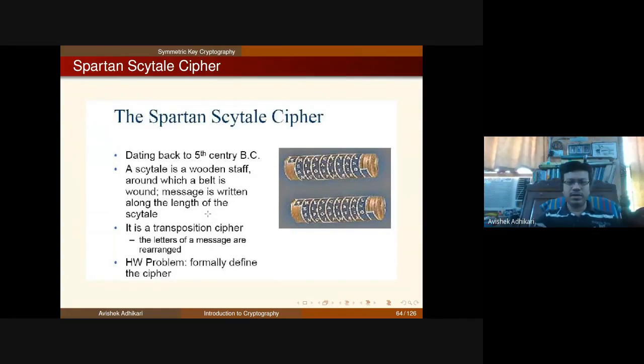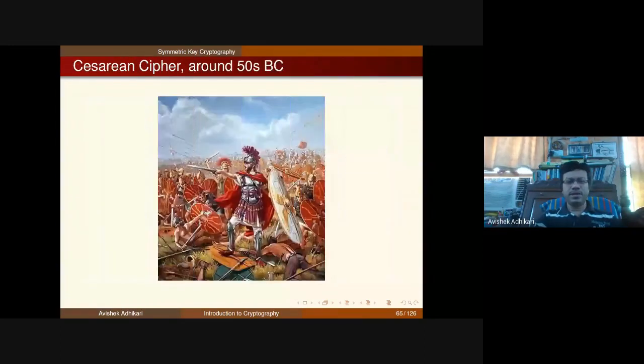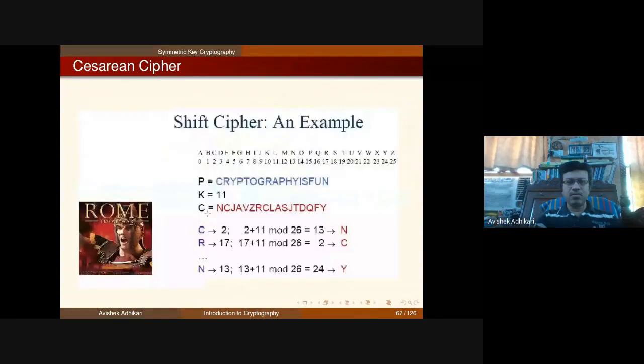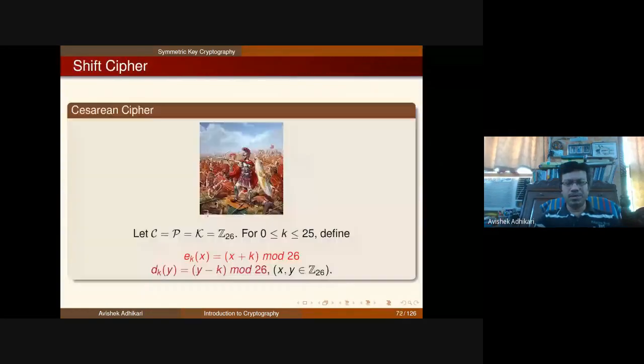Then I gave an example of the Caesarean cipher, and it was explained in my last class. We have also seen how group theory plays an important role in understanding these ciphers. But surely Julius Caesar had no clue about the formal definition of group theory because group theory came much later.